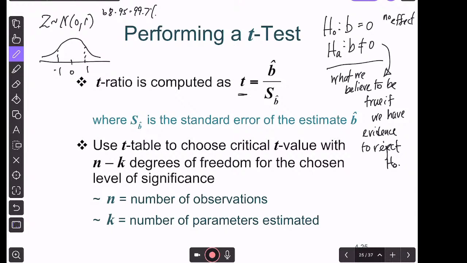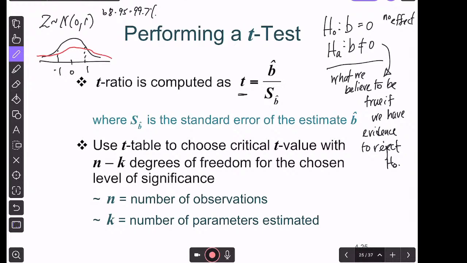All right, so the normal distribution is like that. That's the standard normal. And the t distribution is more like, oops, it's flatter. I can't do it nicely.